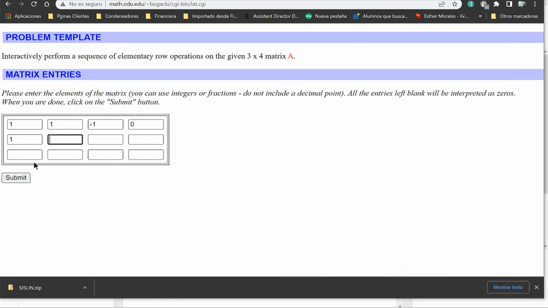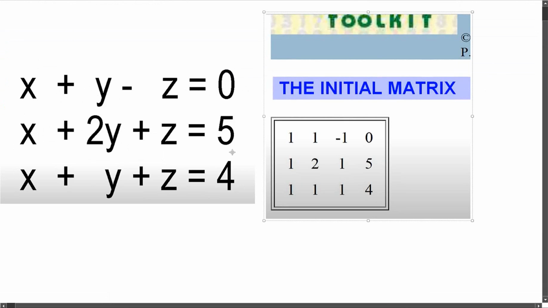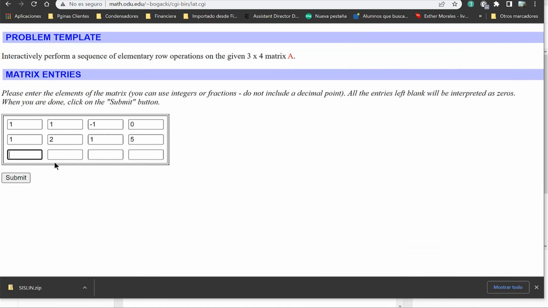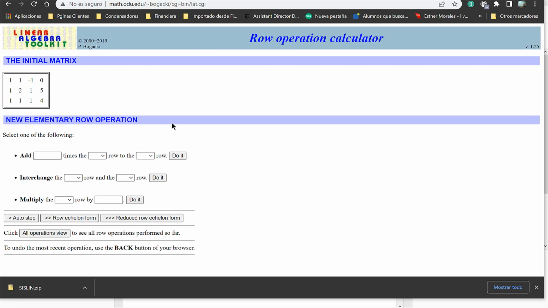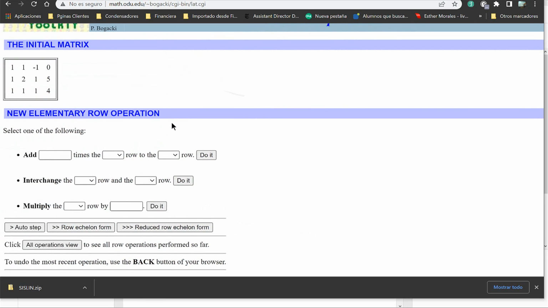Third row: 1, 1, 1, 4. And go, submit. Here is the matrix.